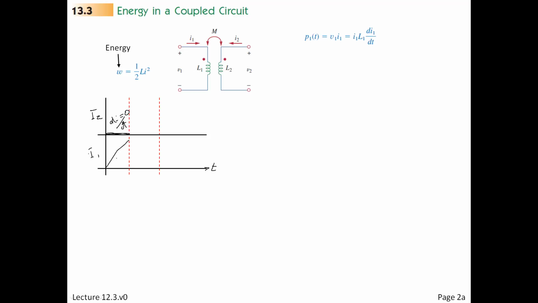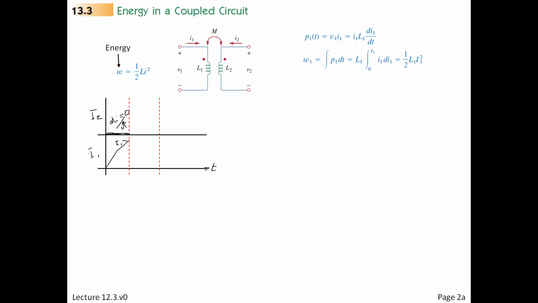So during that first step, if we integrate the power over time, it turns out we are doing what? We are integrating i di over the rise of I1 from 0 to a peak value of I1.